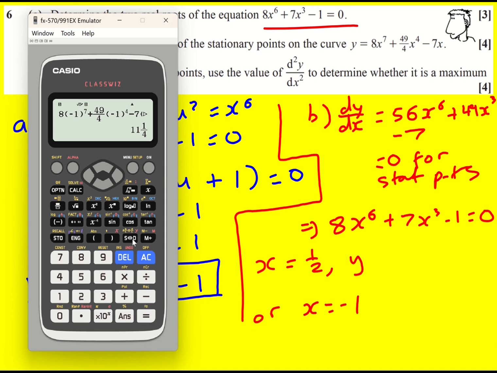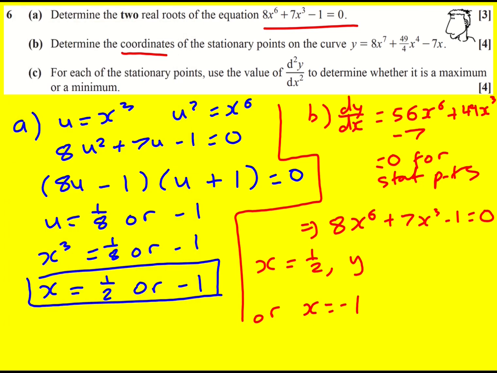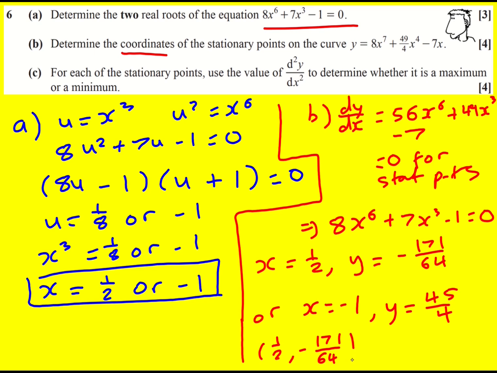So I get 45 over 4. And then when I put in x equals a half, I get minus 171 over 64. So I'll just write these as coordinates. A half, minus 171 over 64, and minus 1, 45 over 4.